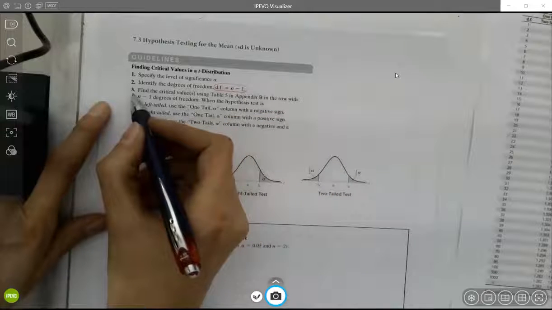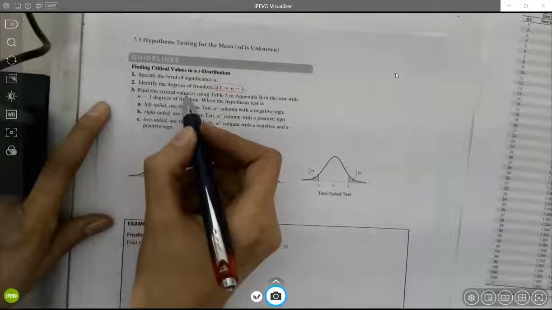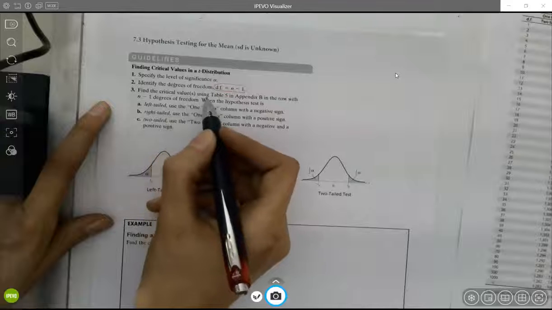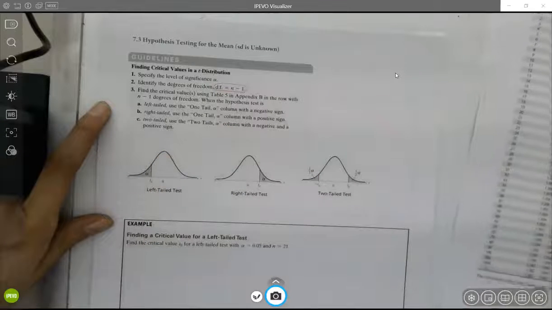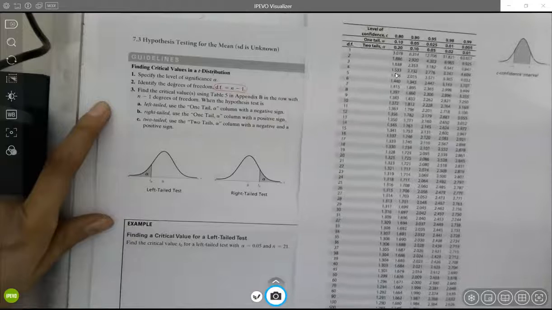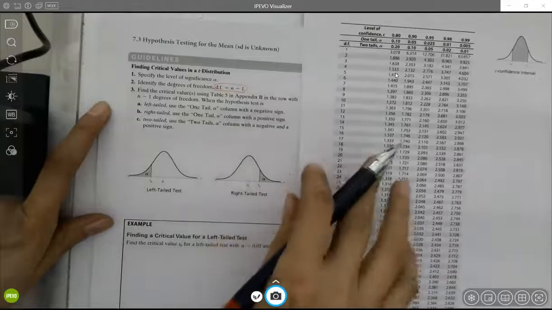Step 3, find the critical value or critical values using the t-distribution table that we used before to form our confidence interval.